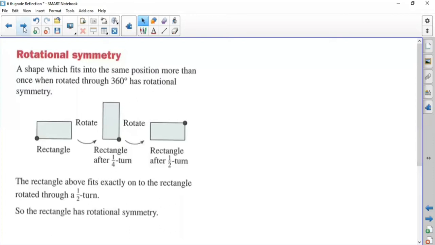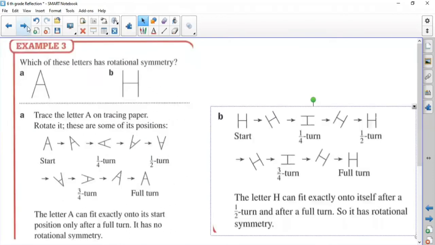Now, let's see the examples that are given in the book. For example, the capital letter A. If we rotate the capital letter A, we see that it won't fit its original position until it goes 360 degrees, the full turn. So we see that it has no rotational symmetry.